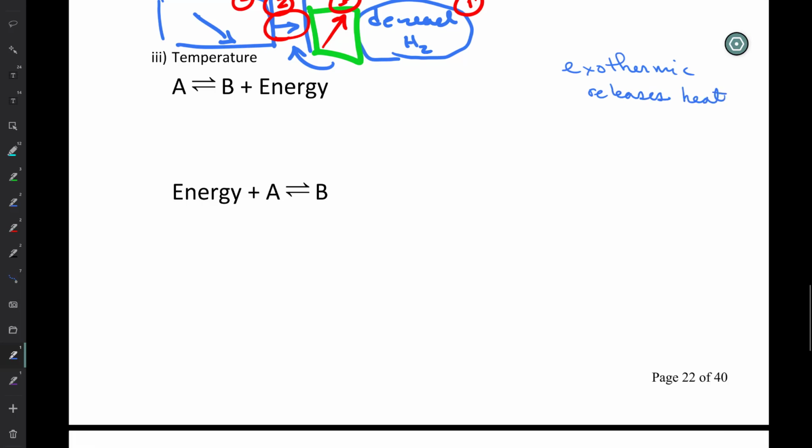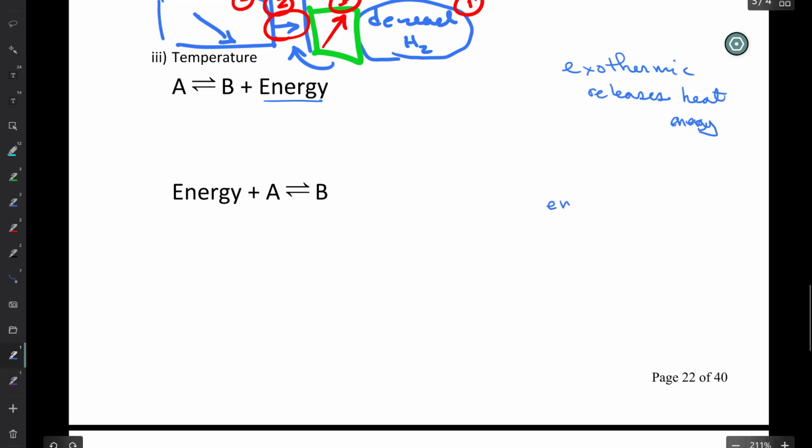If you remember the MCAT equation, heat is just another word for energy. So when we write energy as a product, then energy would be on the right-hand side, right? So that would mean it's being produced, which means it's an exothermic reaction.